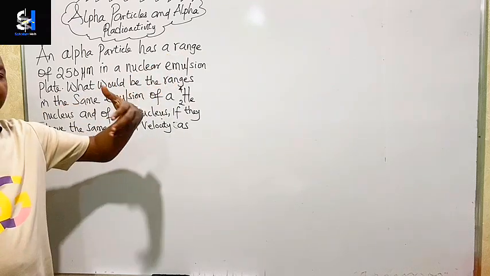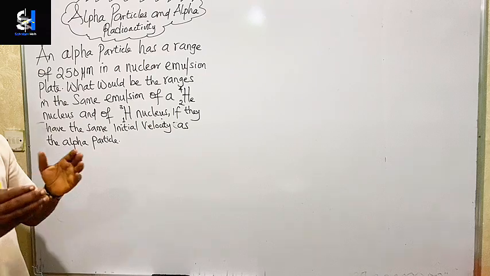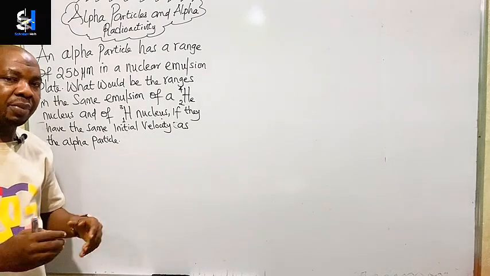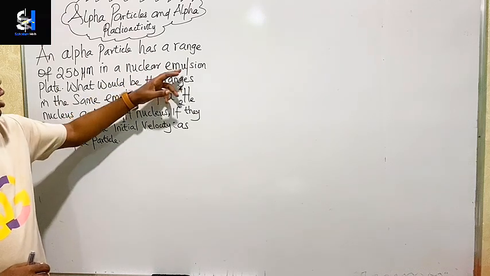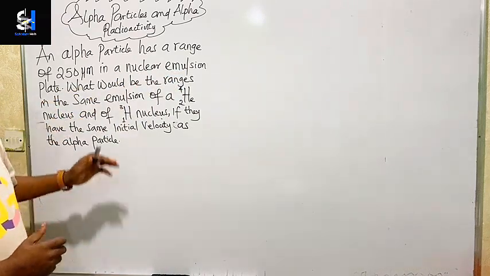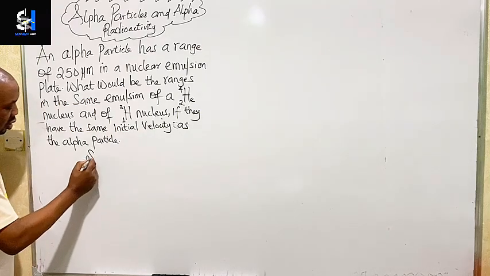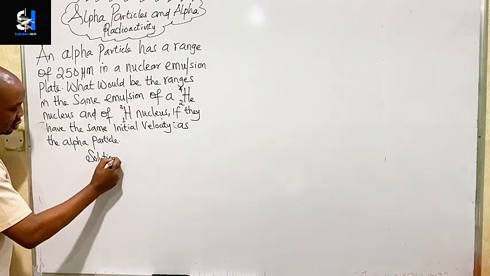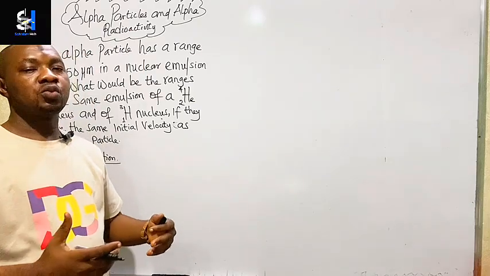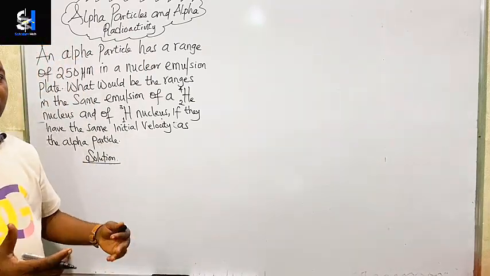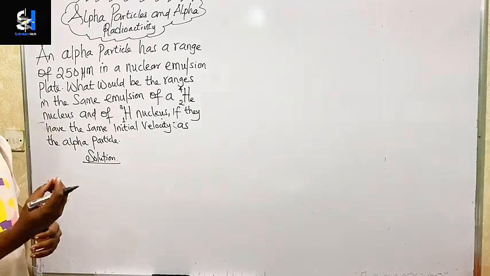The range of a charged particle in a material can be determined by the stopping power, because with nuclear emulsion plates we have the ionization of the alpha particle radiation emitted from a point source.